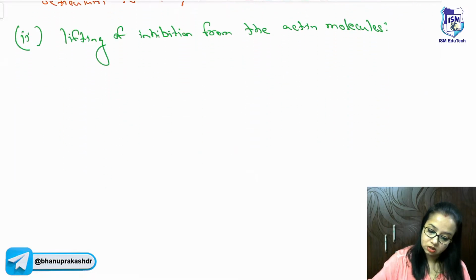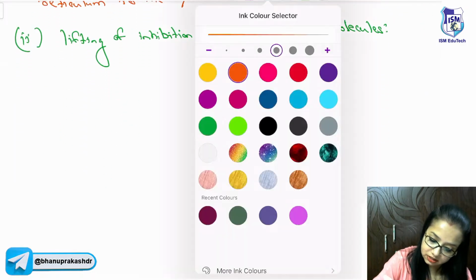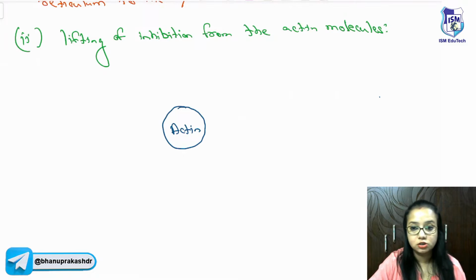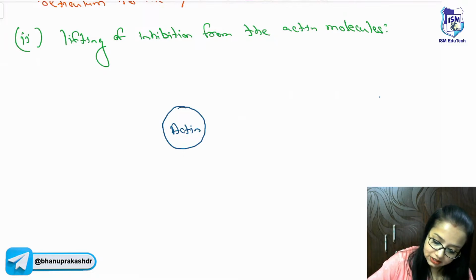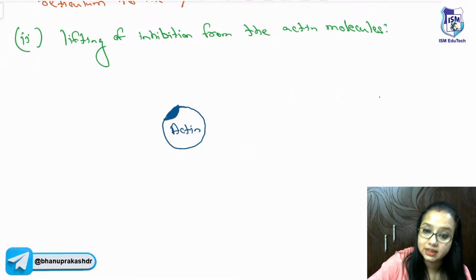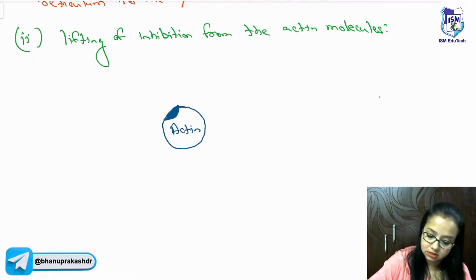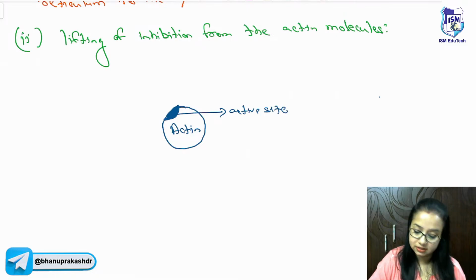Okay, so last class, what did we study in the last discussion? Taking just one actin molecule for our better understanding, let's say this is the active site on the actin molecule through which it will bind to the myosin. This is the myosin binding site.